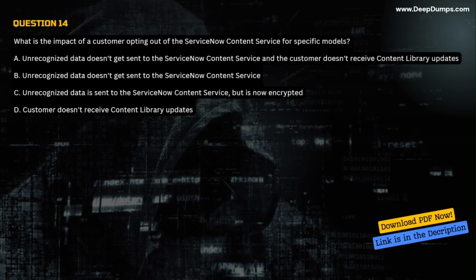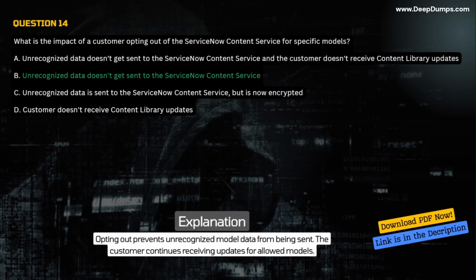C. Unrecognized data is sent to the ServiceNow content service, but is now encrypted. D. Customer doesn't receive content library updates. Correct answer B. Unrecognized data doesn't get sent to the ServiceNow content service. Explanation. Opting out prevents unrecognized model data from being sent. The customer continues receiving updates for allowed models.